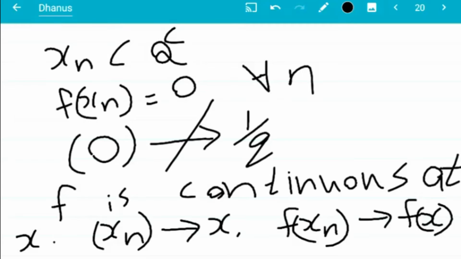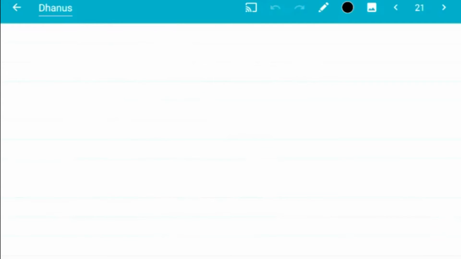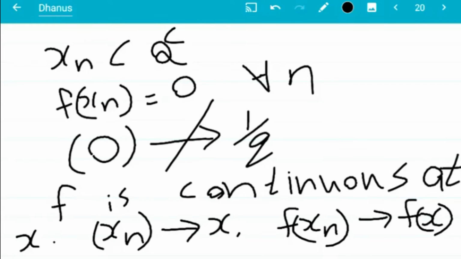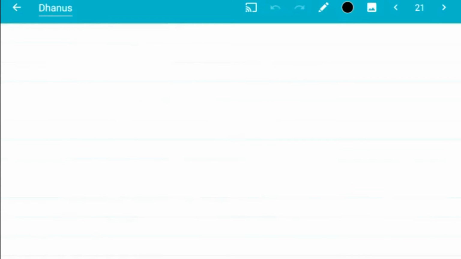Now we have proved that in the case of rational numbers, this function is not continuous. Now I am taking the case of irrational numbers. Let x be an irrational number.